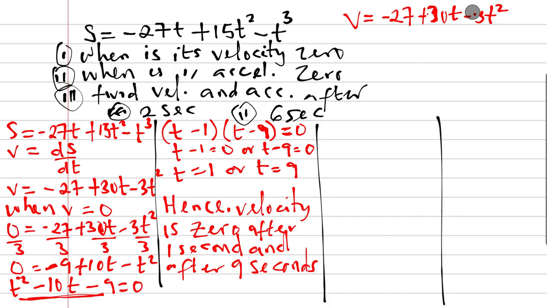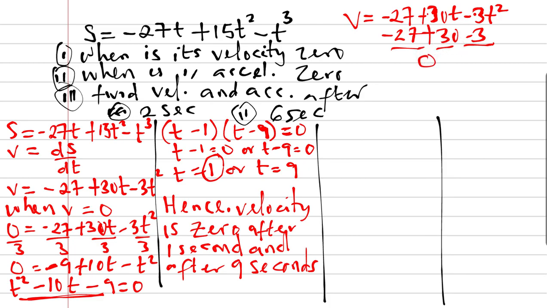Now what this thing means is, if you put t equal to 1, you will get v to be 0. Look at it. This will give us minus 27 plus 30 times 1, that will give us 30, minus 1 squared is 1, minus 3 times 1, minus 3. You can see minus 27 minus 3 plus 30, 0.